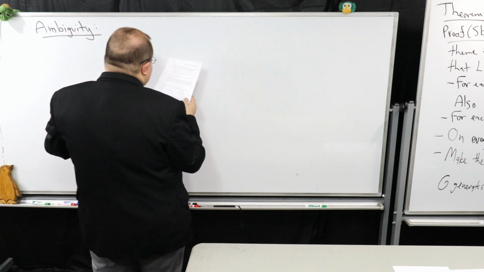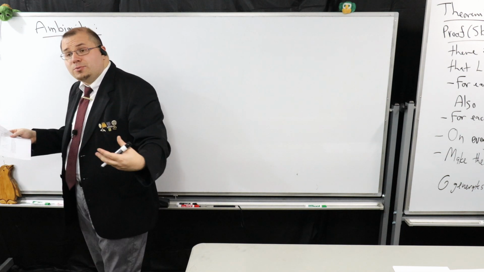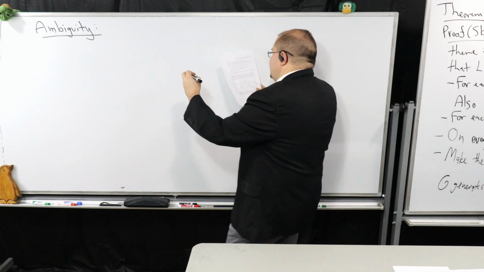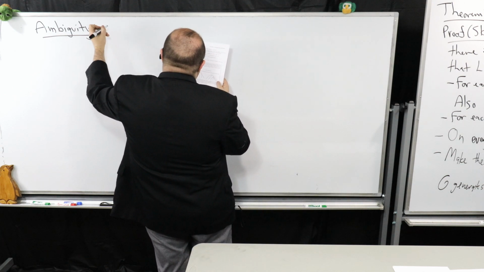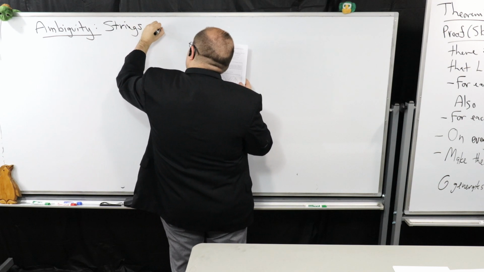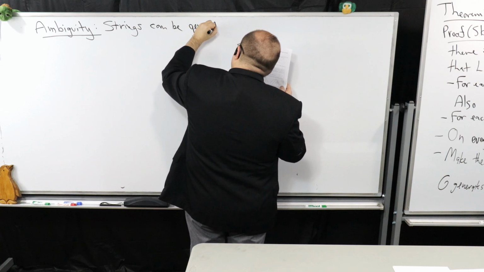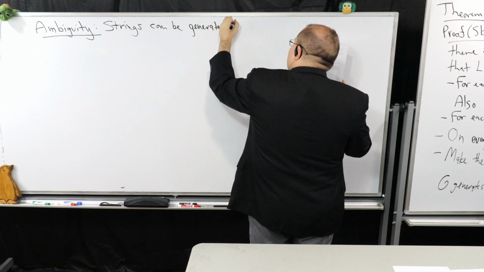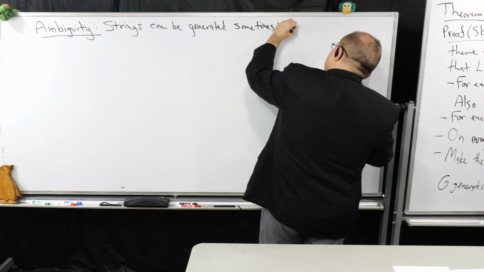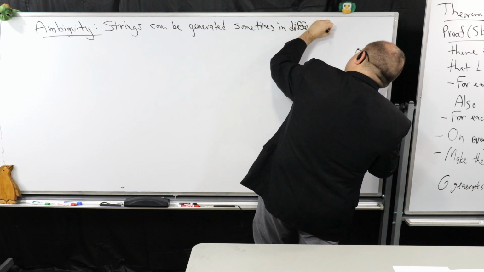At first it looks a little strange, but it makes sense if you think about it because it's modeling a basic kind of recursion. So strings can be generated sometimes in different ways.